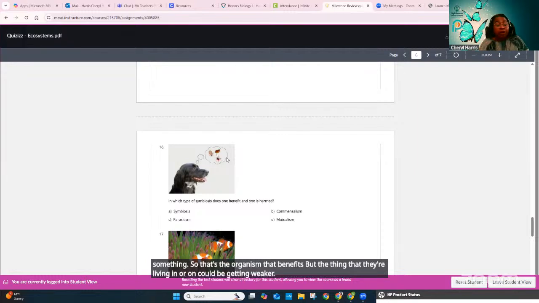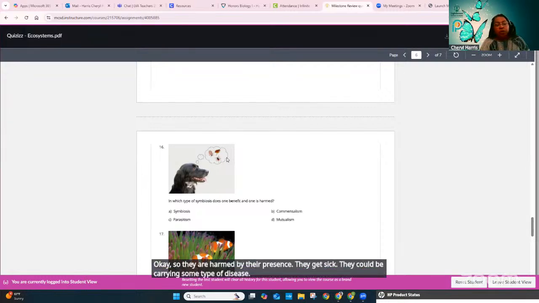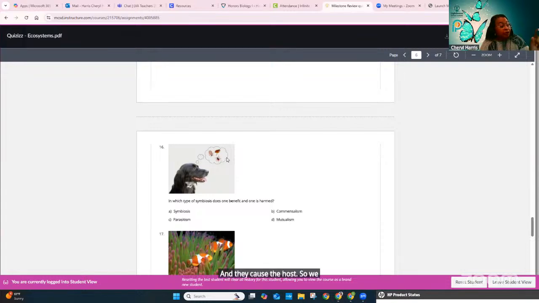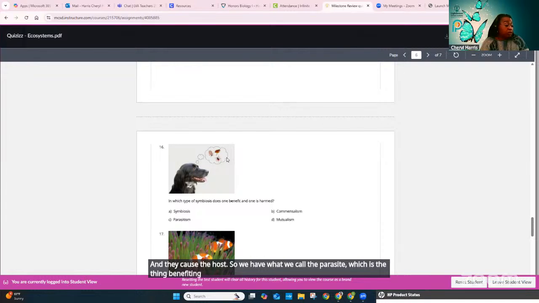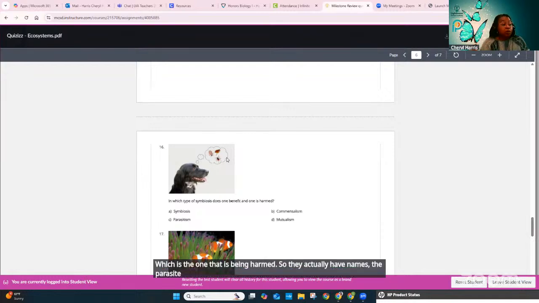Okay, so they are harmed by their presence. They get sick. They could be carrying some type of disease. So we have what we call the parasite, which is the thing benefiting, and the host, which is the one that is being harmed. So they actually have names, the parasite and the host. Okay. All right.